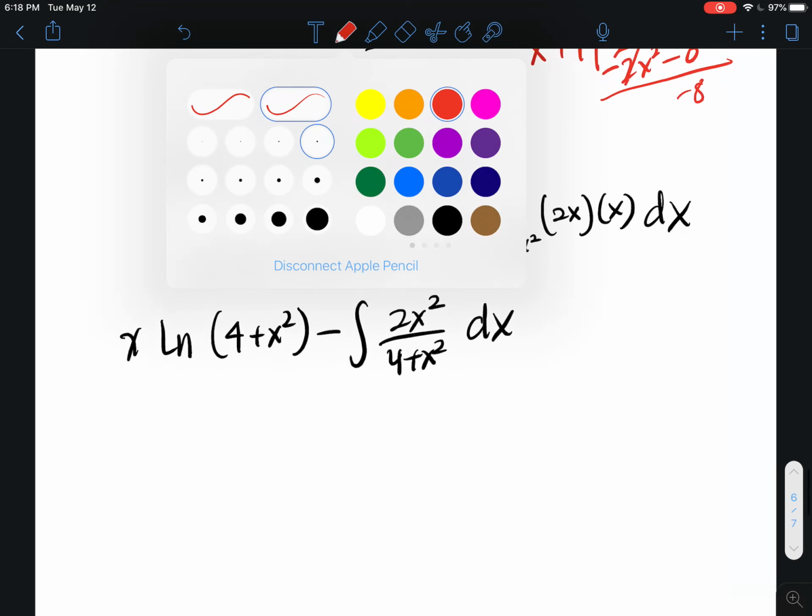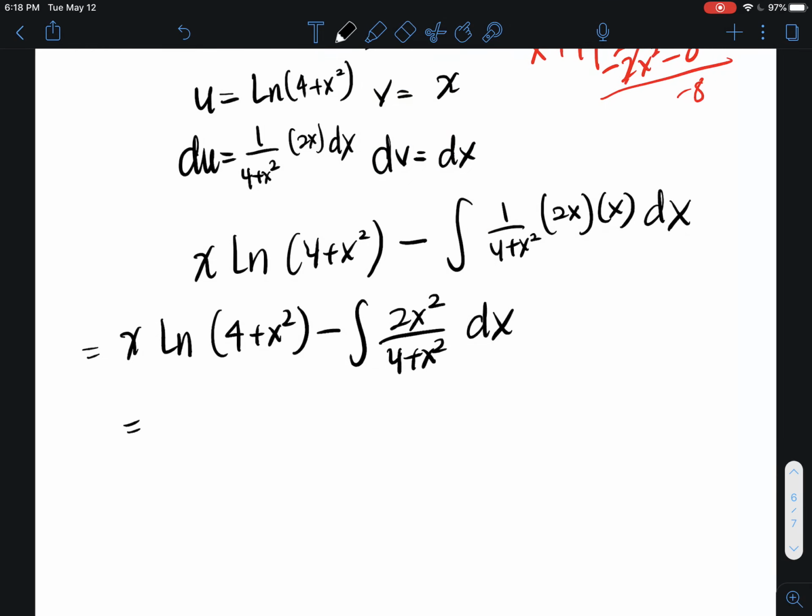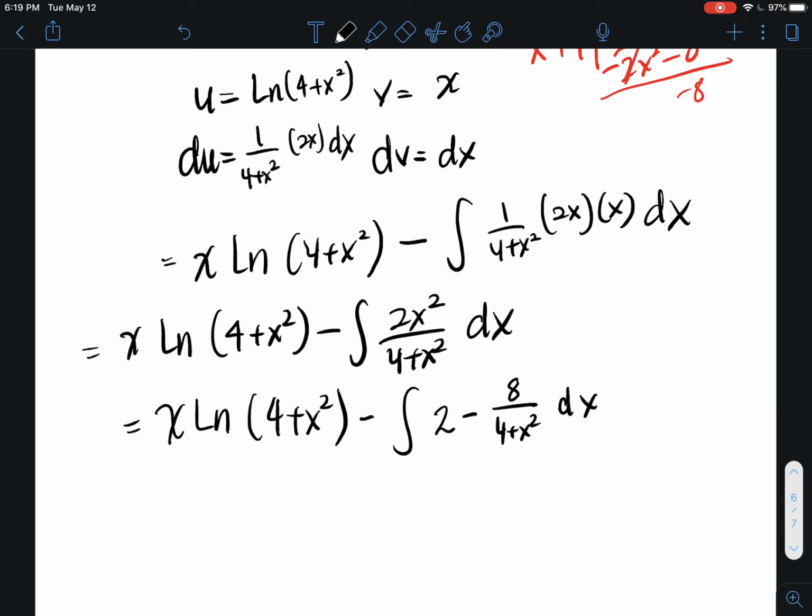So let me rewrite this to equal x natural log of 4 plus x squared minus the integral. And then this gave me 2 minus 8 over 4 plus x squared dx. Well, I can do the integral for 2. That's pretty easy.